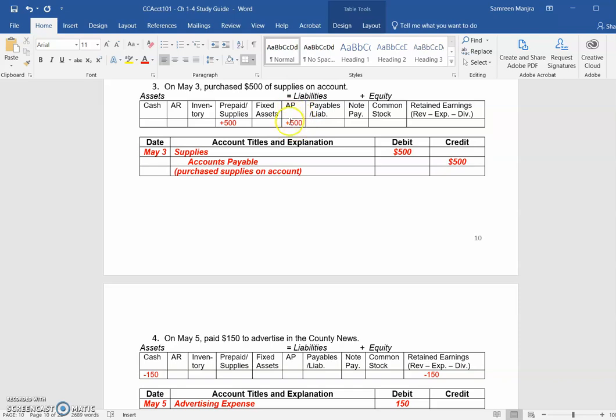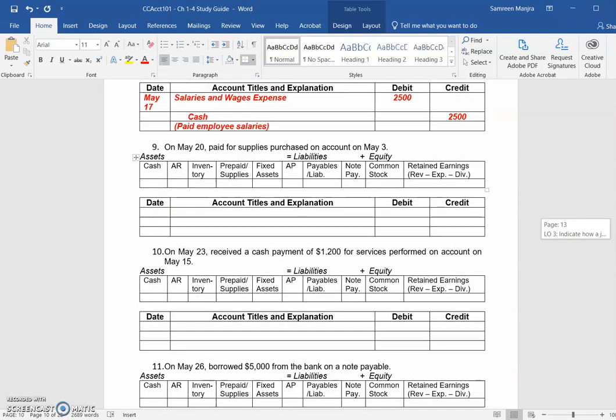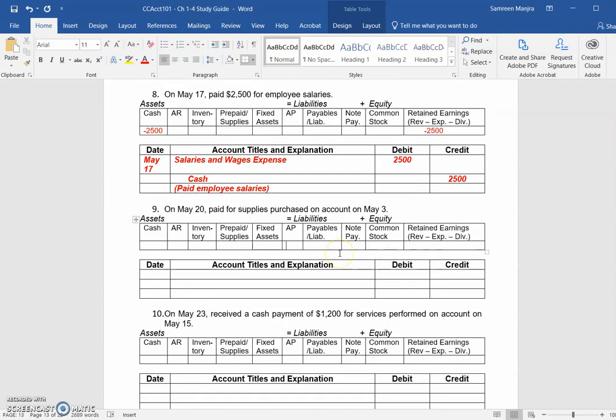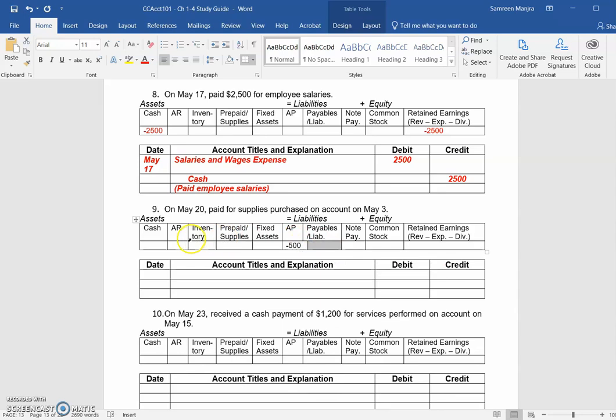So we're going to include negative $500 for accounts payable. And the decrease in liabilities is going to match up with the decrease in cash of $500. So both of these are decreasing by $500.